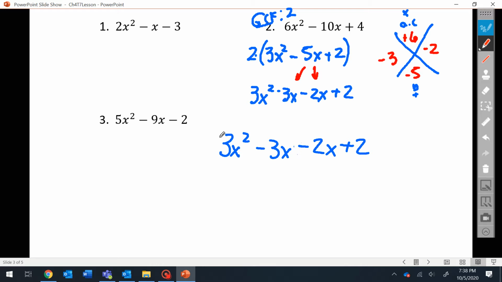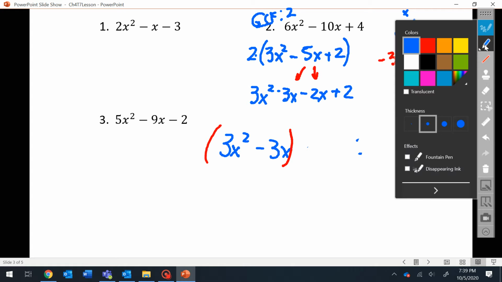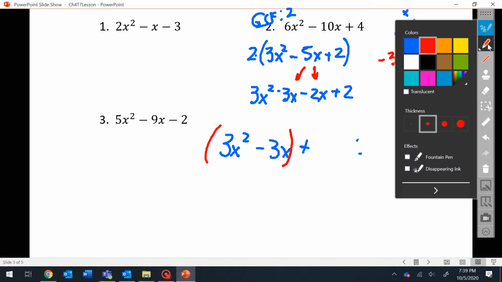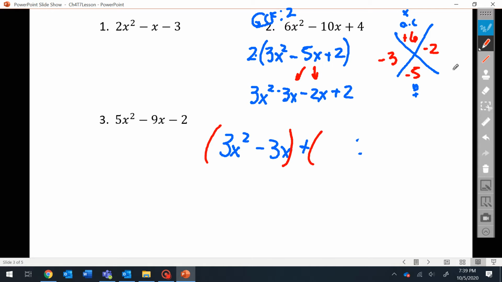Alright, so I'm going to group these two, and I'm going to group these two here. However, I want a plus sign in between them. So I'm going to do this as plus, and then the group will be negative 2x plus 2.